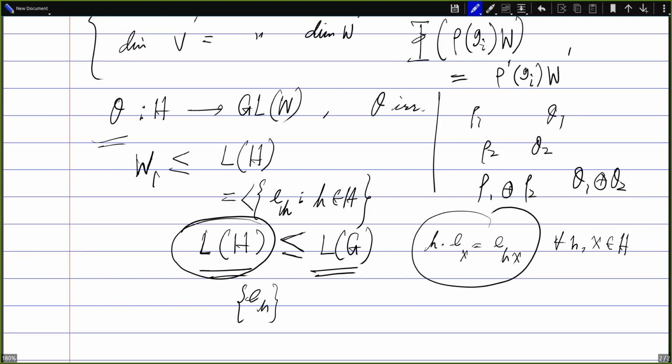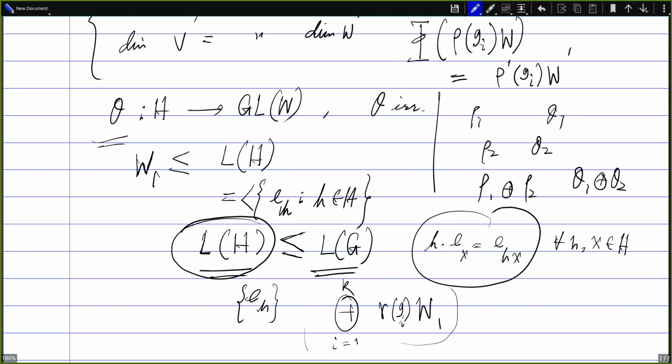And since W1 is an H invariant subspace of that, all the translations of W1 become a G invariant subspace of LG, right?